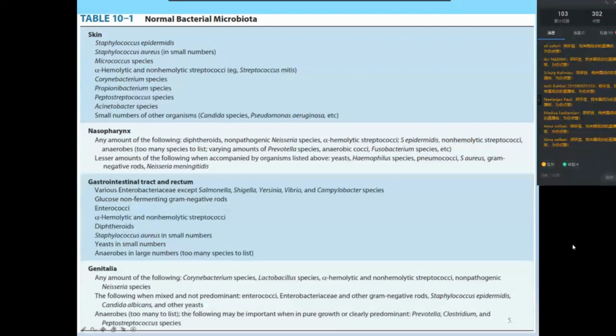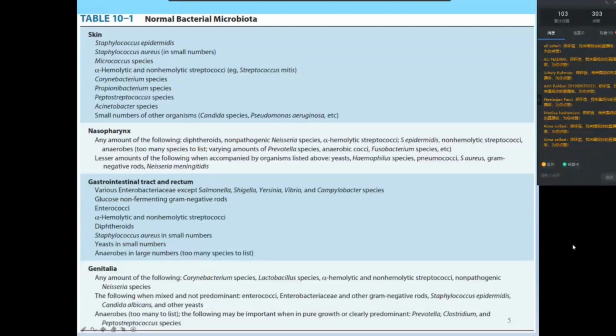And we mentioned that in the digestive tract, the normal flora, the microorganisms, can help us to degrade the food we eat, and that can help us to get nutrients. And some of them can produce small molecules like vitamins, and those can provide us essential nutrient factors.